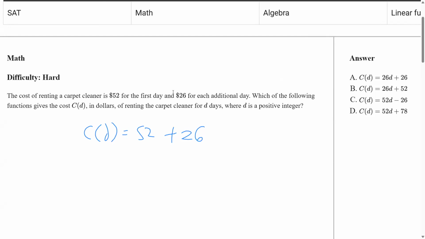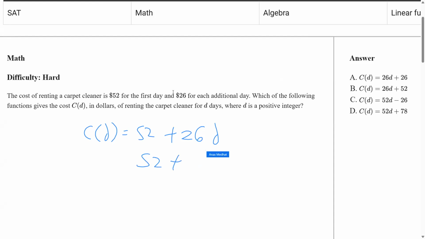Which of the following functions gives the cost? We will not write it D like this. Why? Because it says for the first day, it gives you 52. If we here substitute D with 1 day, the first day, it will not give you 52. It will give you 78, right? It will be 52 plus 26, which is 78.